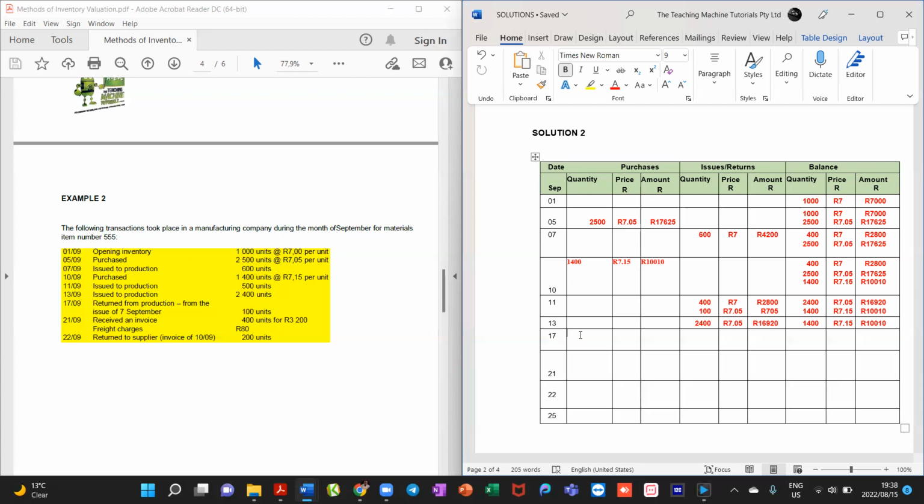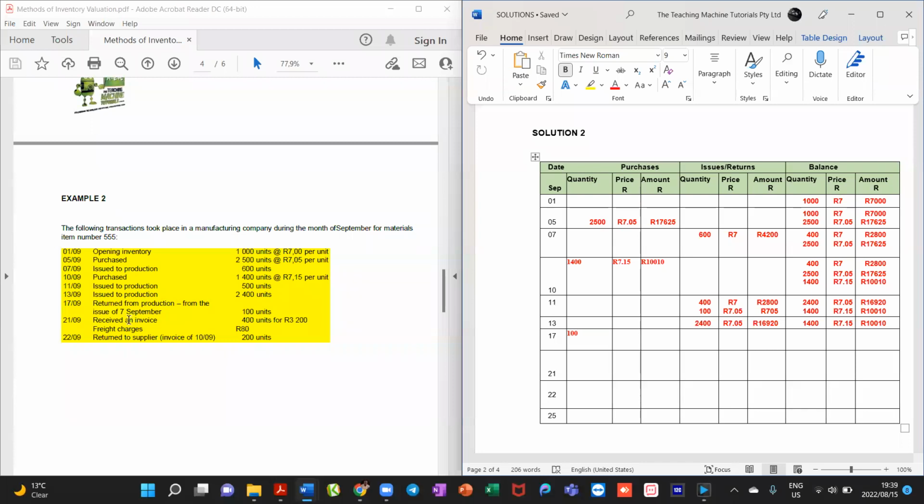If you buy, if they return, your stock will increase. So it's not a return to supplier, but it's a return from the factory. How many units were returned? 100 units.